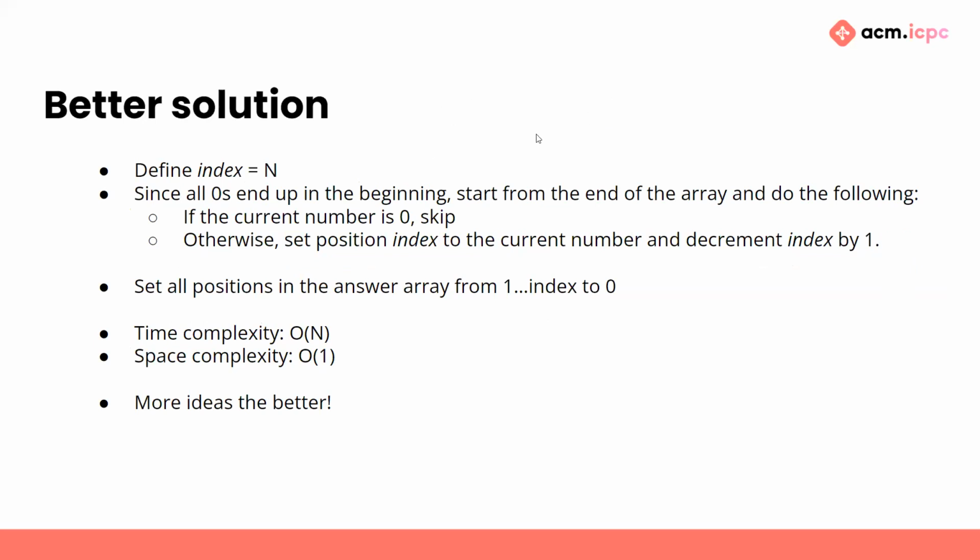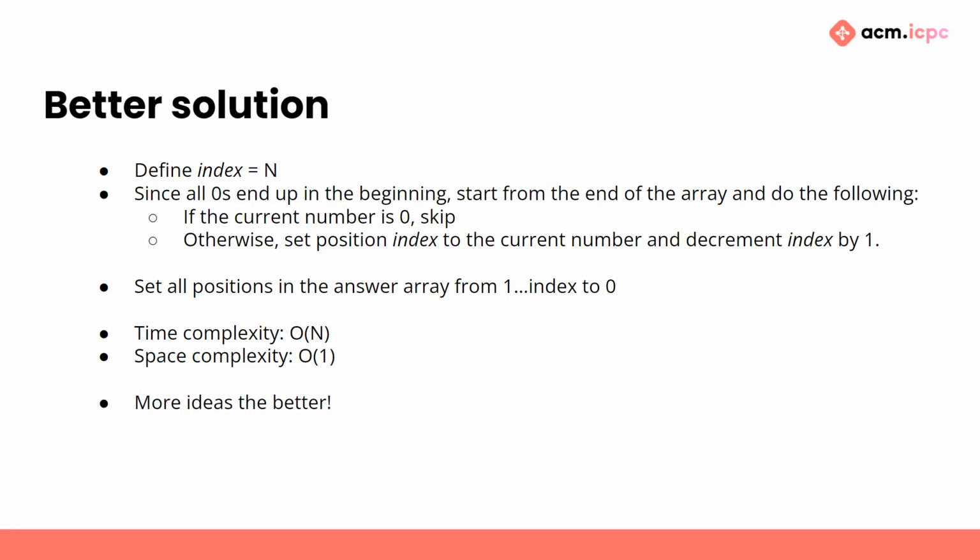So first, we have an array, and let's define a variable called index equal to n, which is the last position in your array. And we know that all the zeros end up in the beginning. So let's start from the end of the array and move toward the beginning. And for every number that isn't 0, we set the position index in the array to that number, and then we decrease index by 1.